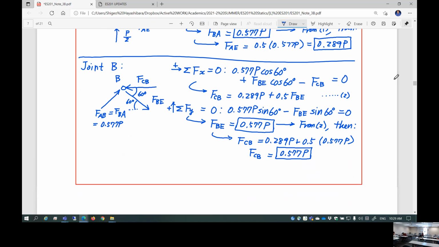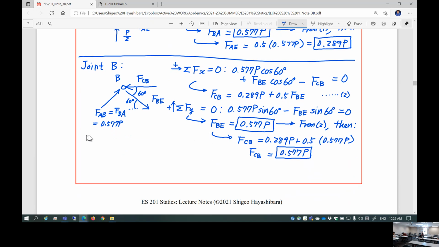Okay, it looks like. Now, you can say FCD as a symmetric. This is equal to FAB, which is 0.577P. You can also say FDE as a symmetric.